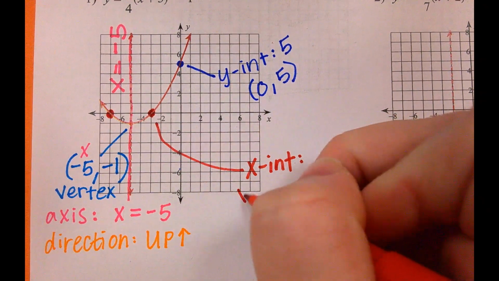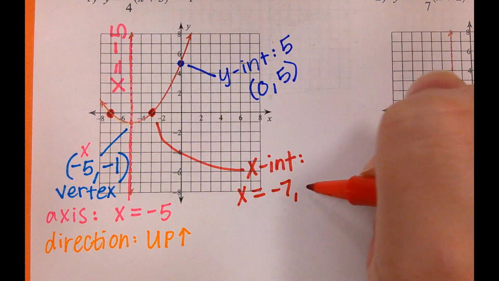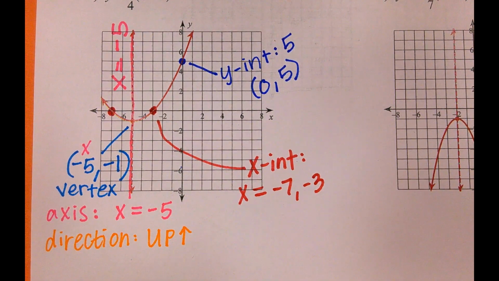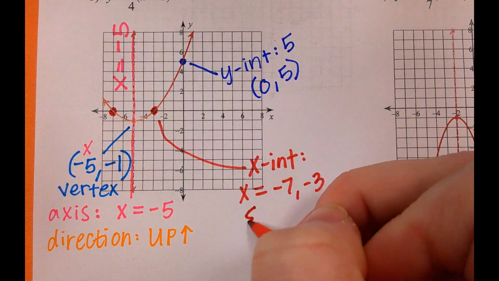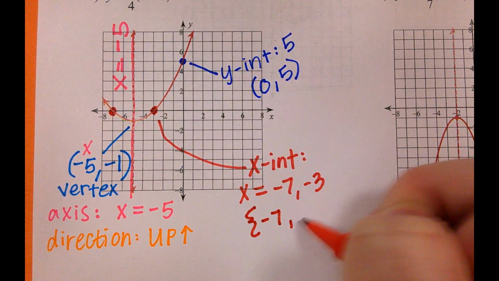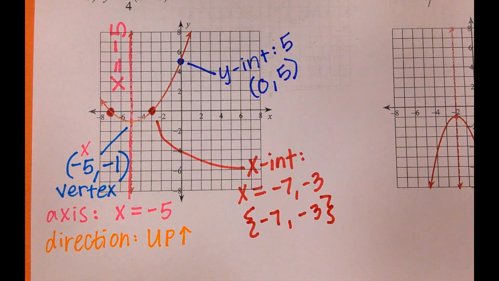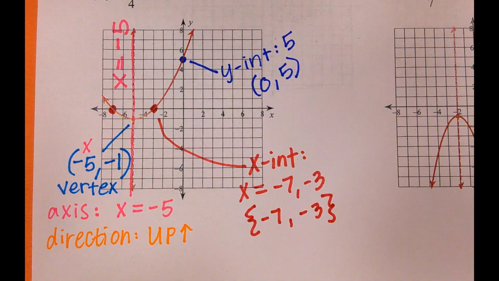We can say x equals -7, -3. What's one other way I could write these? With the squigglies, the brackets. We could say {-7, -3}. Can I use parentheses? No, unless I'm writing 2 coordinates.